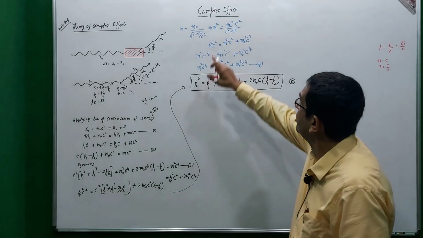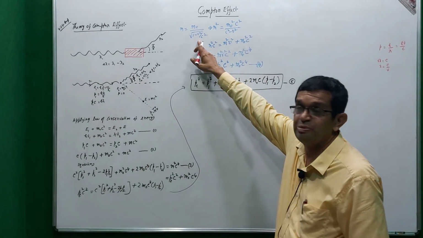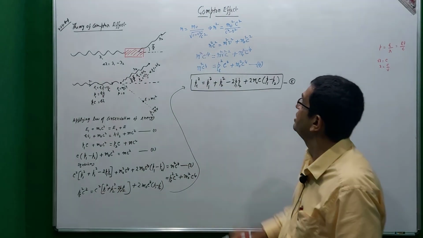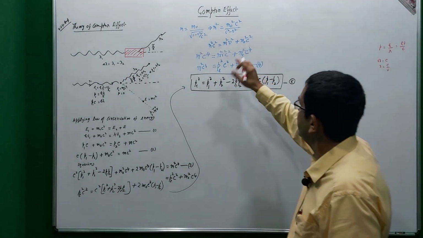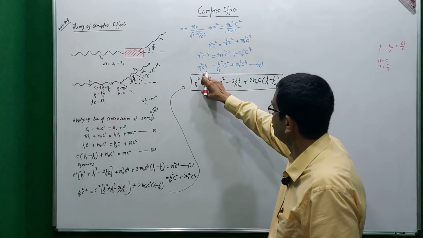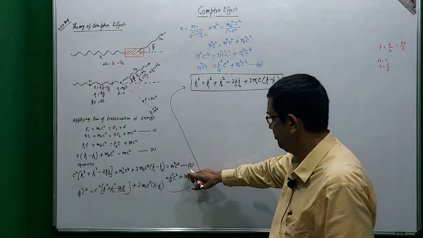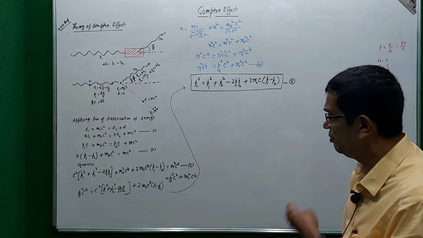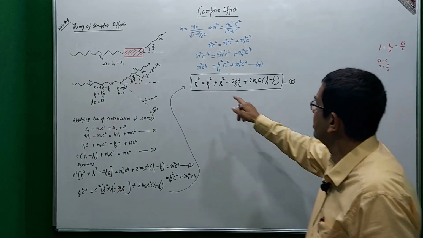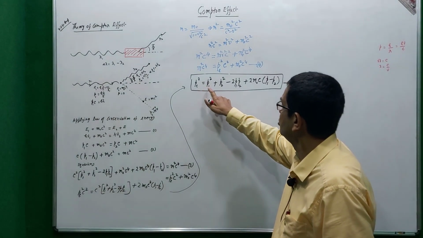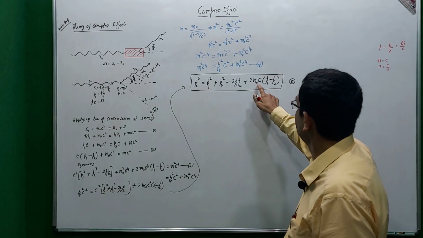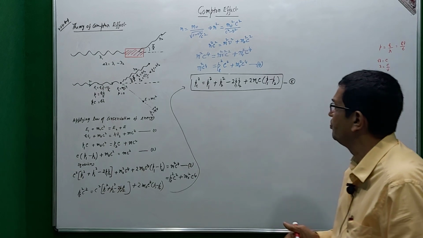Then, using Einstein's mass-energy relation, you have m equal to m naught by square root of 1 minus v square by c square. Squaring and rearranging the equation, you will get m square c to the power 4. Substitute here, and then c square is taken out by dividing by c square, and you get Pe square equal to P1 square plus P2 square minus 2 P1 P2 plus 2 m naught c into (P1 minus P2).